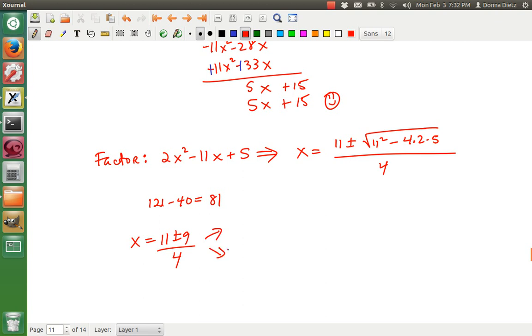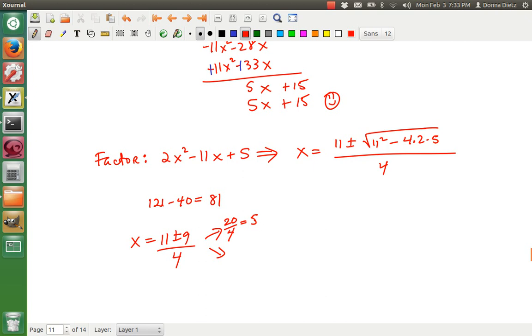So that splits into two cases. If you put the plus in there, you get 20 over 4, which is like 10 over 2, which is 5.